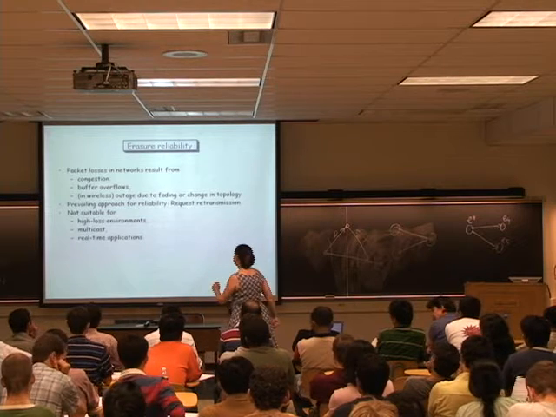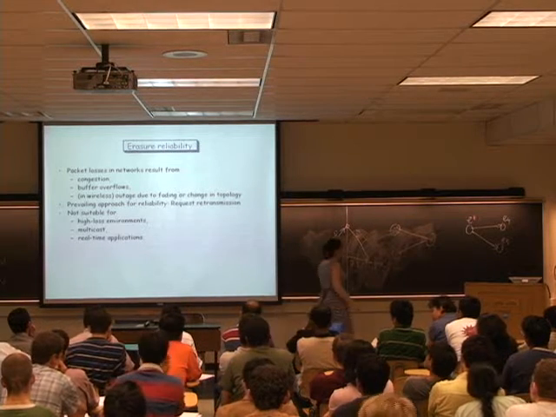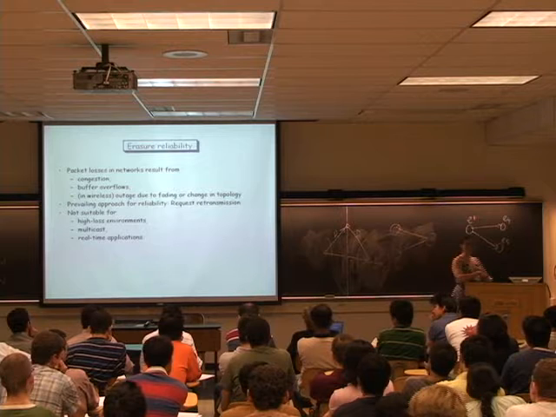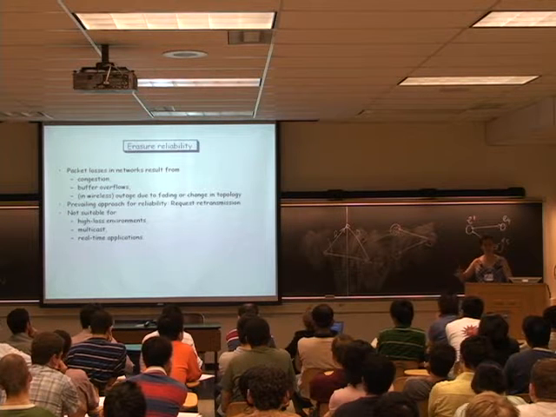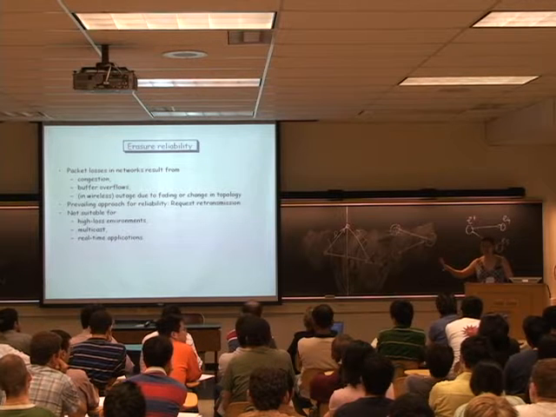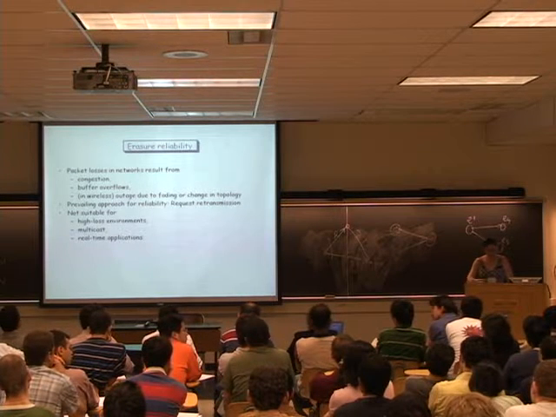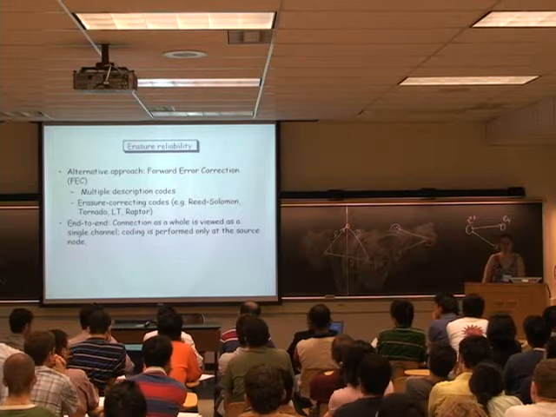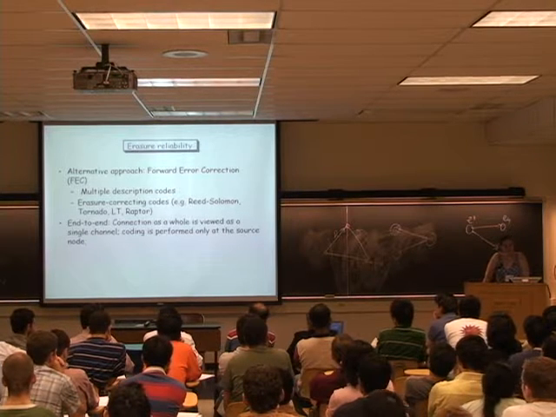Okay? And of course, there are issues for real-time applications. By the way, this is the second part where I said I was going to start leaving behind a little bit of the algebra and get more into networking. Okay? But we'll revisit the algebra later after you've been refreshed by lunch.